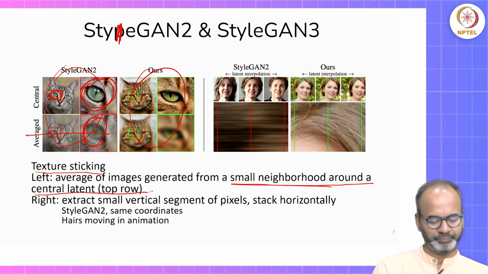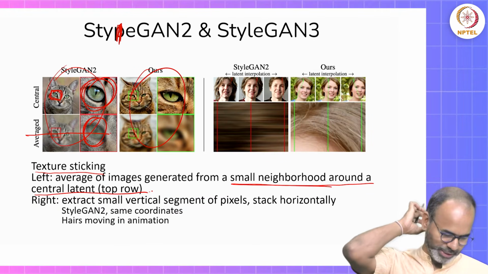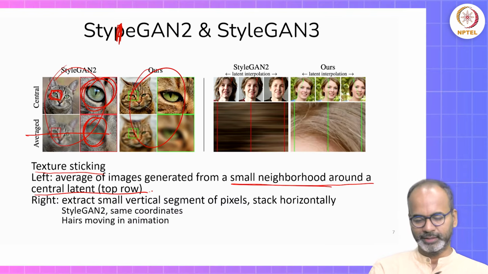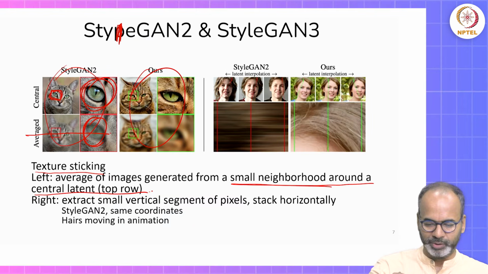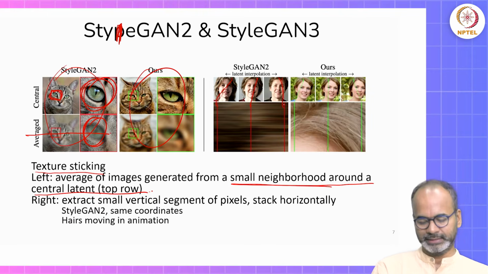On the right, a small vertical segment of pixels is taken and then stacked horizontally, which is why you see the hair stacked horizontally. In StyleGAN 2 it is done this way, and in the method of StyleGAN 3, you can also see the hair movements can be captured.